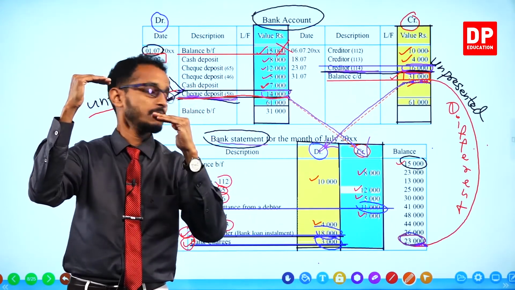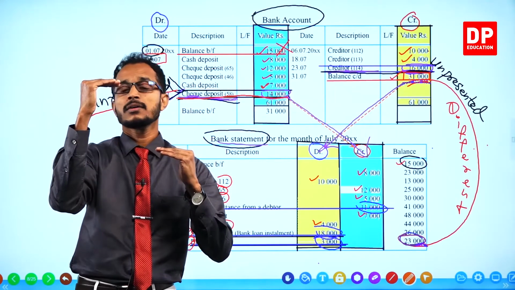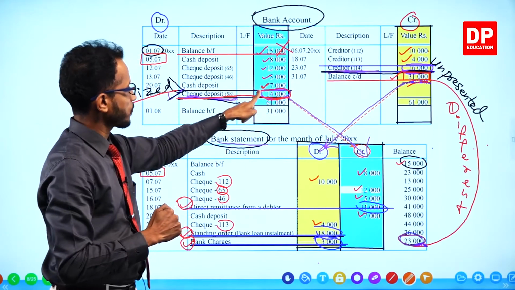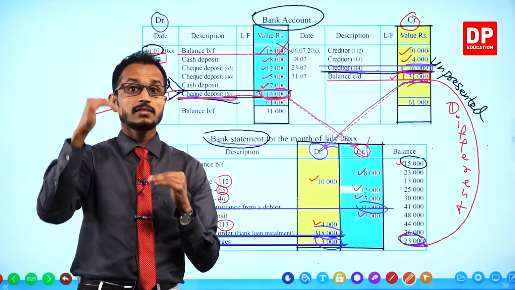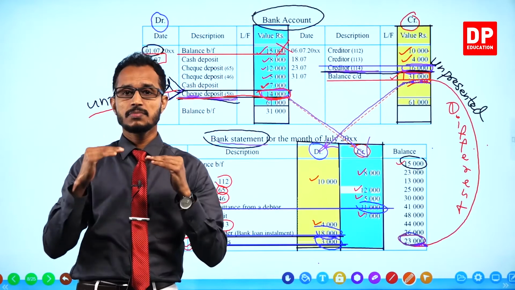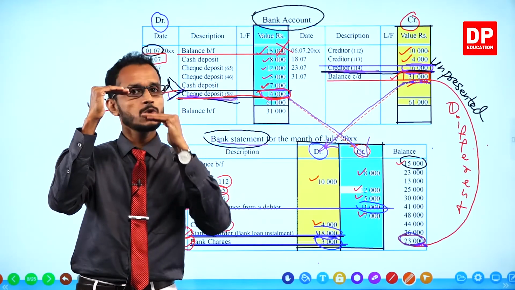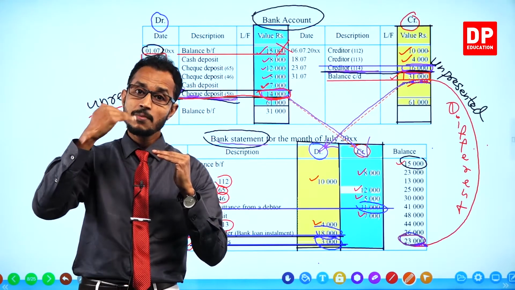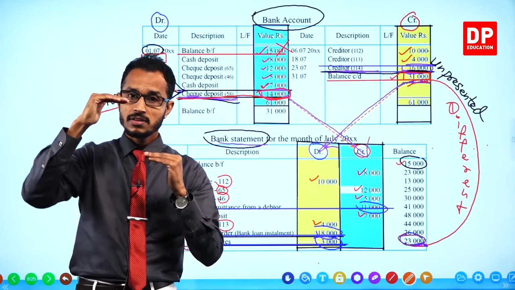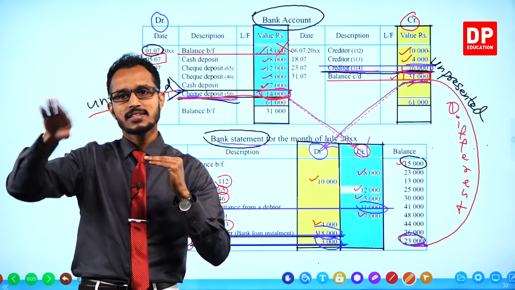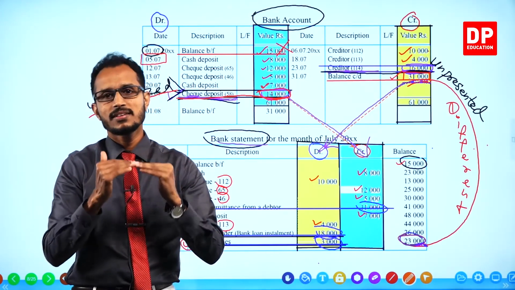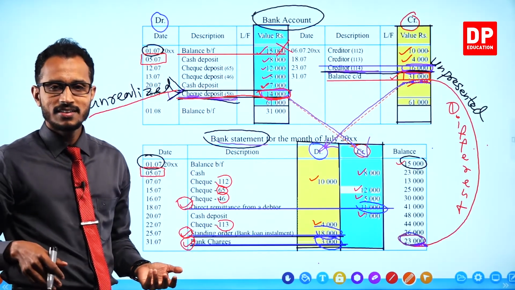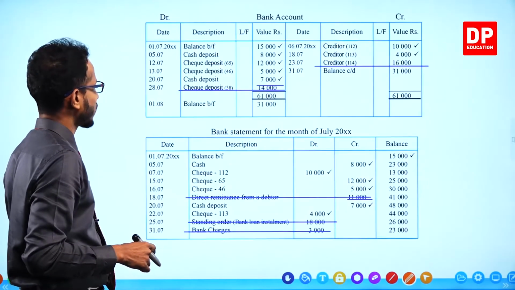So the bank statement balance is down here, not yet increased by 14,000. But our bank account has increased because we have recorded. Bank statement? No, still here. So we should take them off, subtract the unrealized checks to get to this balance. That's the explanation. A very quick one.